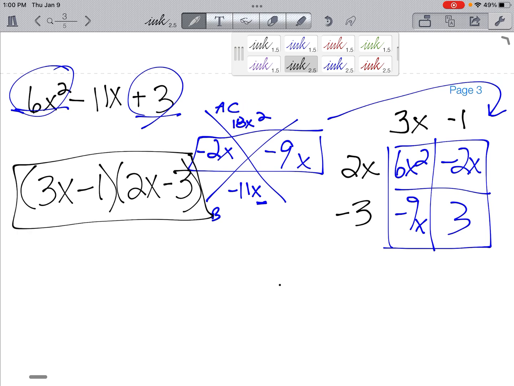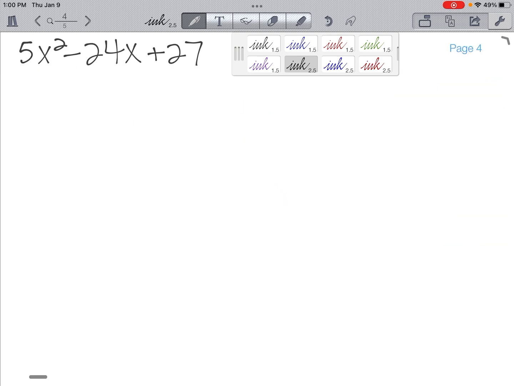So now let's go ahead and look at another example. We're going to be looking at 5x squared minus 24x plus 27. So again, no greatest common factor, so we're starting with our x puzzle. Remember, first term times our last term.